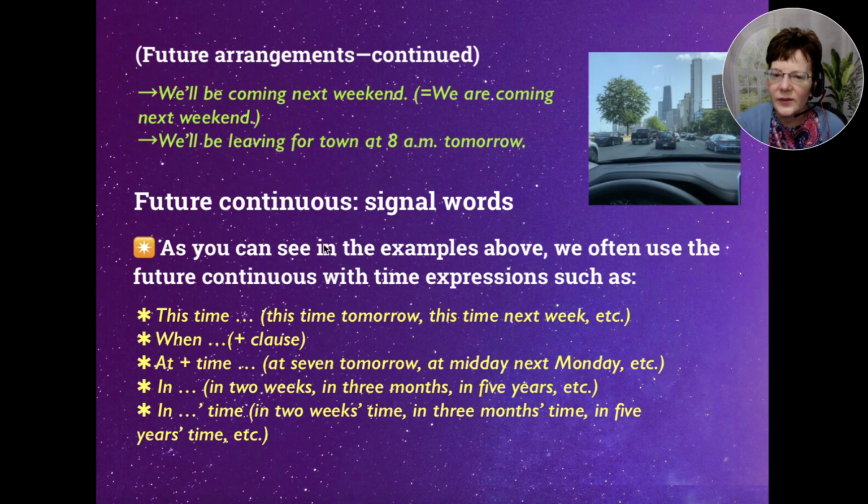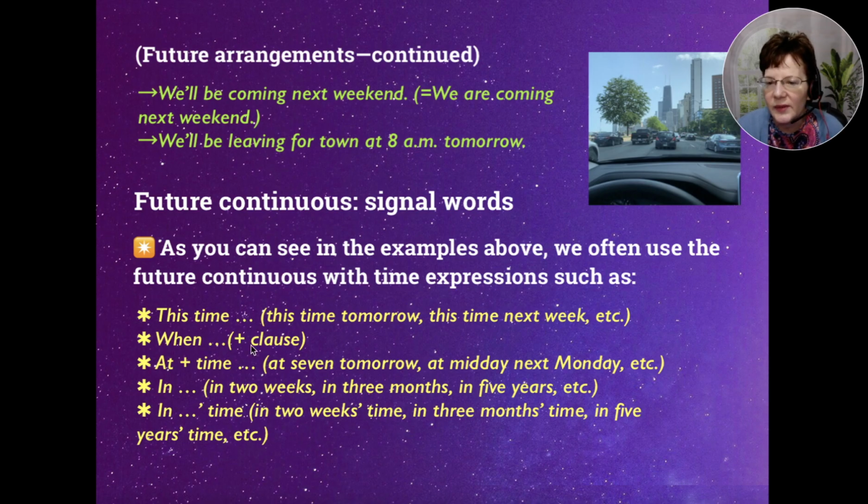Okay, so let's look at the signal words for this tense here. As you can see in the examples above, we often use future continuous with time expressions such as this time, like in this time tomorrow, this time next week, and so on.